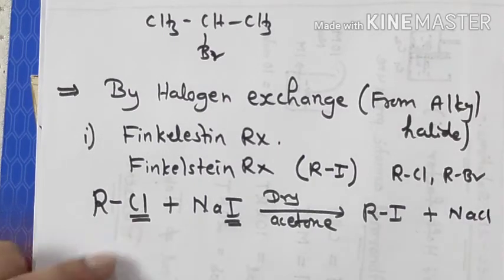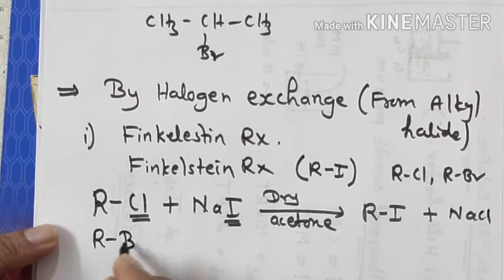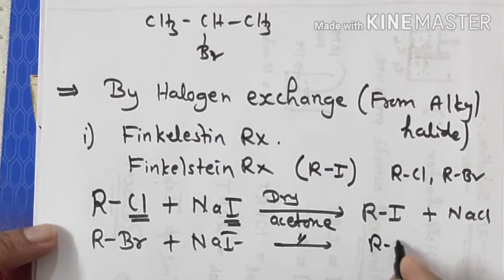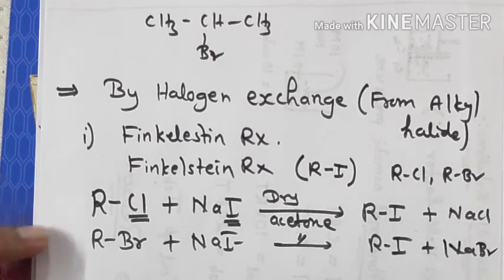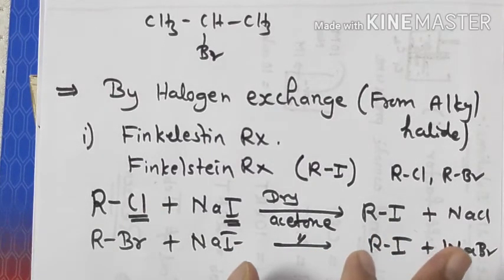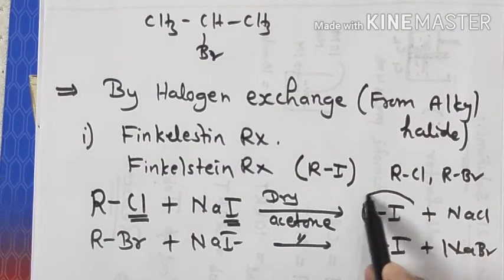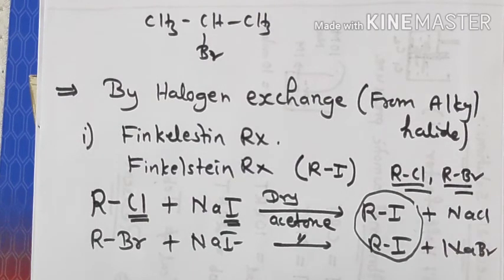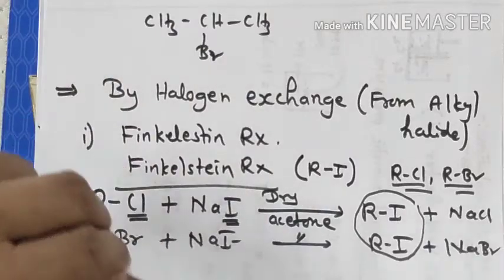NaCl, right? This reaction can also be carried out by RBr and NaI. The condition remains the same and the product will be RI plus NaBr. So when we get a product that is RI either from RCl or RBr, then this reaction is called the Finkelstein reaction. Clear, student?